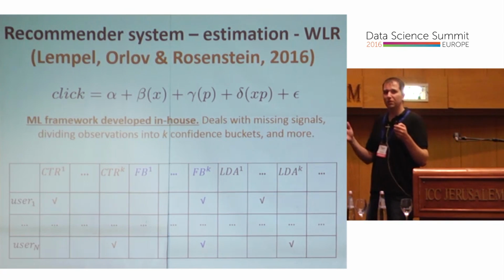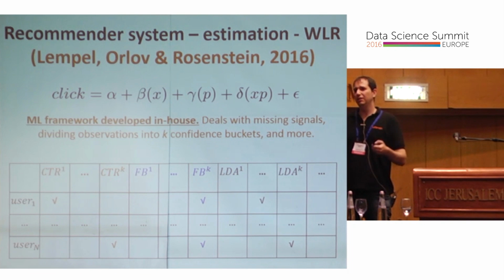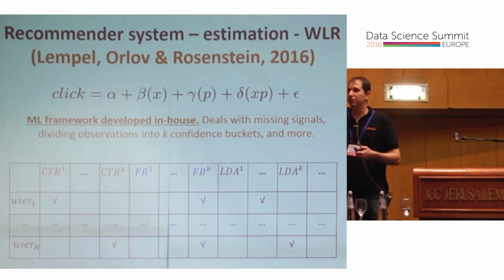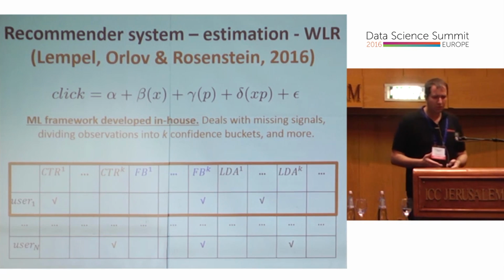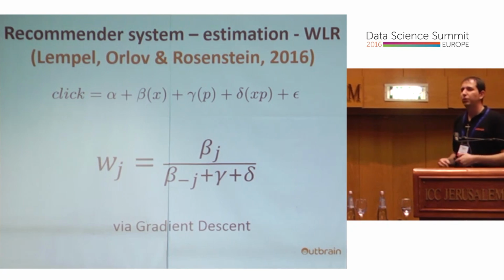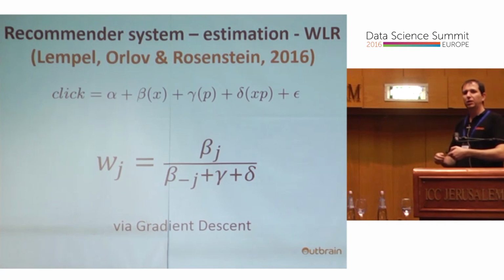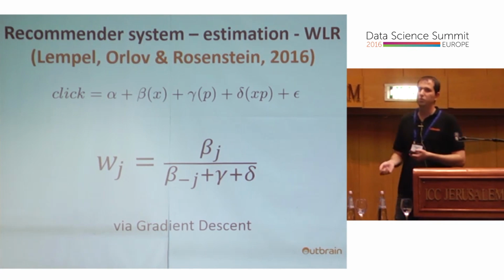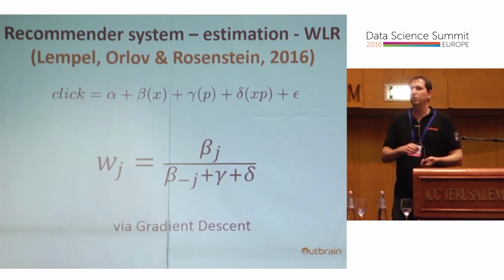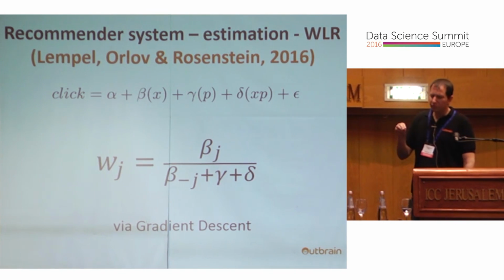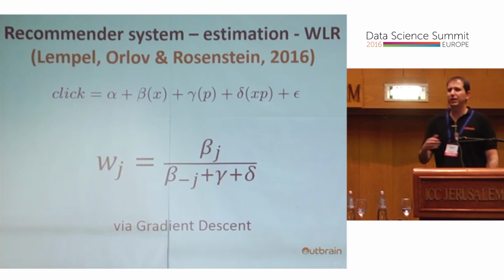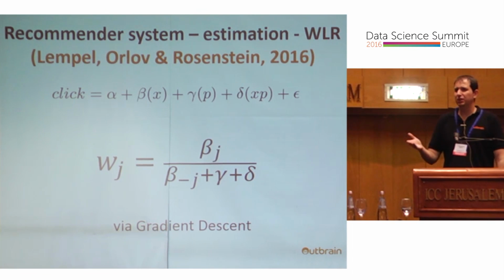And in that matrix, it runs gradient descent in order to estimate all the coefficients, ignoring those missing values. Finally, when you have a user that you need to rank and you have some missing values for some users and some documents, then you can assign a weight for every signal that you do have, based on the sum of all the signals that you have.